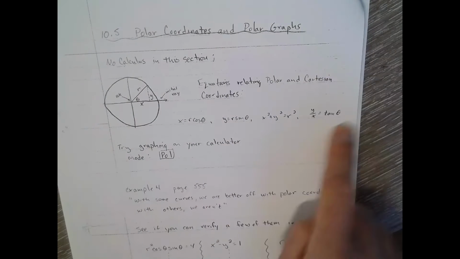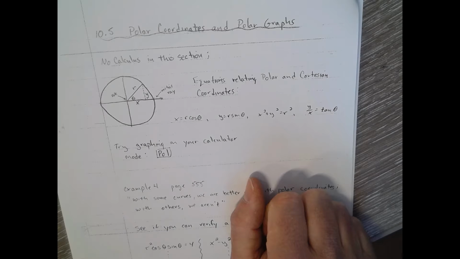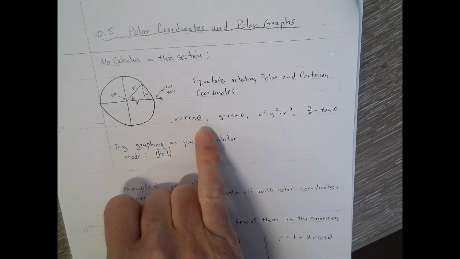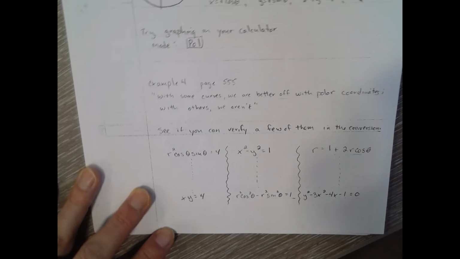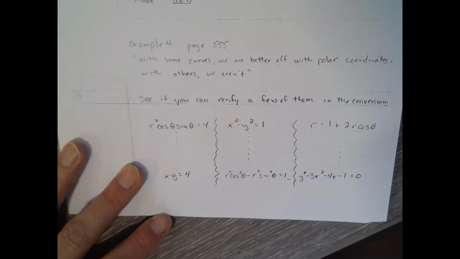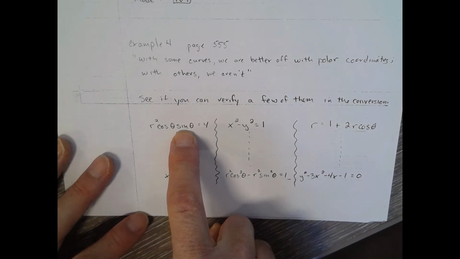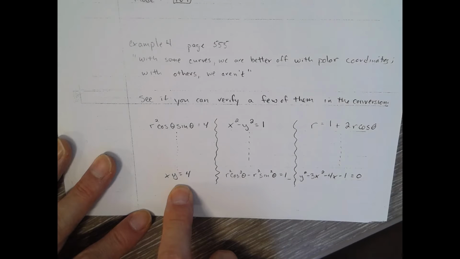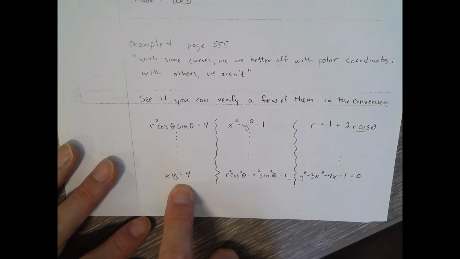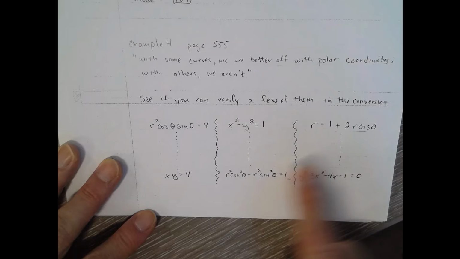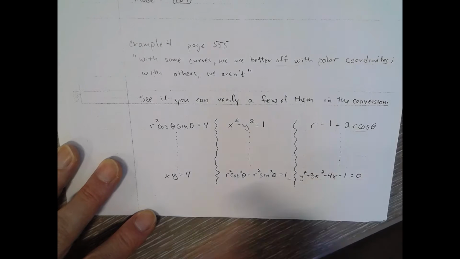So as I said before, they're related. These are 4 problems that do relate x's and thetas and y's and thetas. So on the bottom here, I'm asking you to take a polar equation and see if you can convert it to Cartesian. Here's a Cartesian to polar, and here's another polar to Cartesian.